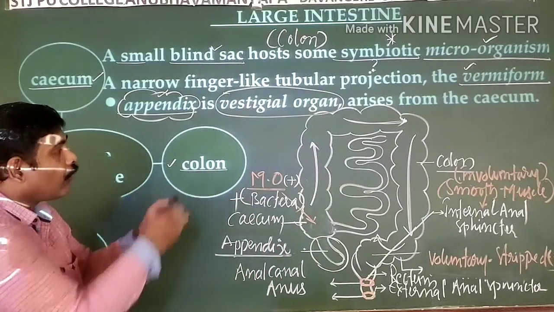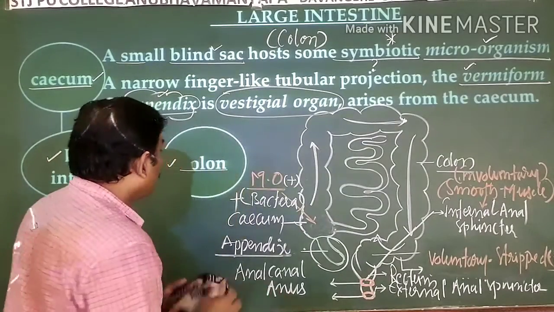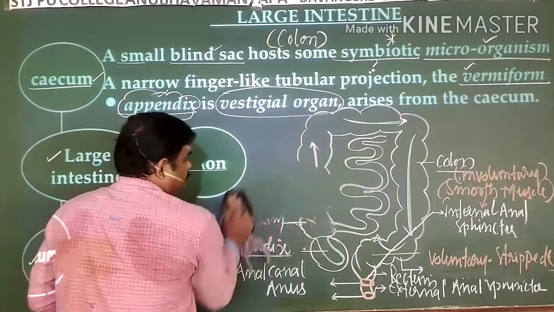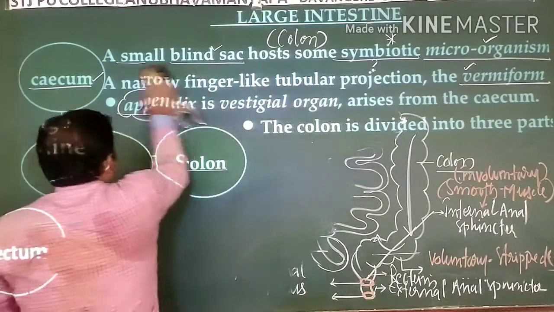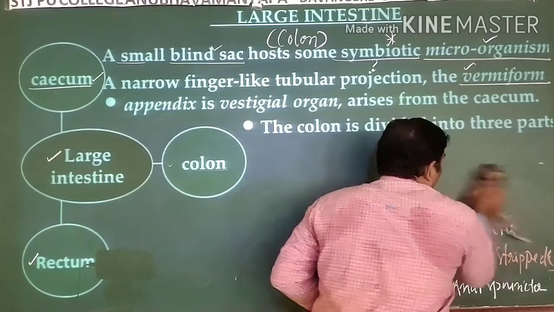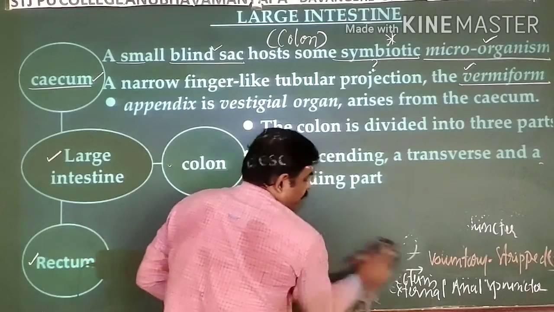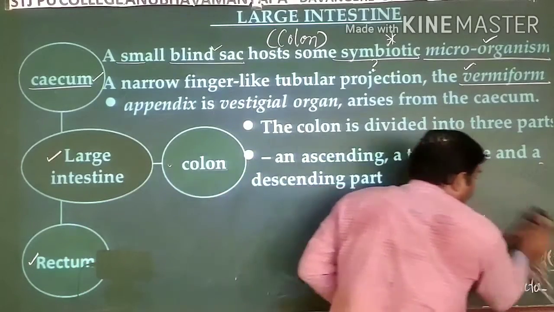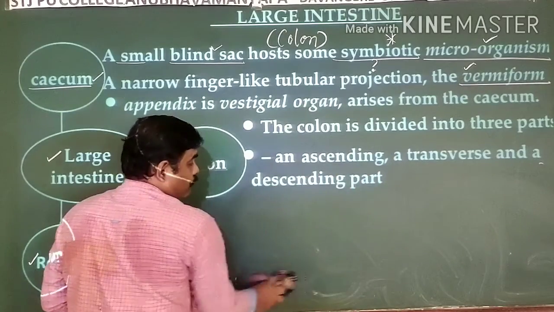I will tell all the points again one by one in a detailed way. Now you see these points. Now I go with this colon. The colon is divided into three important parts, and they include the ascending colon, the second one the descending colon, and the third one the transverse colon.